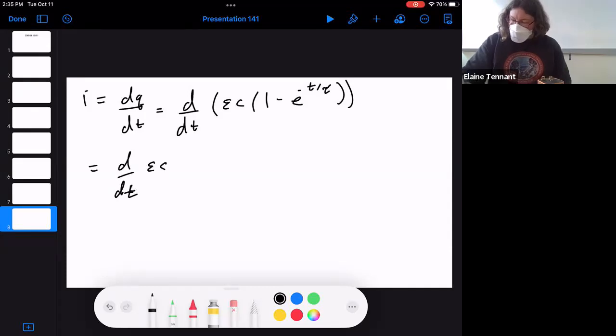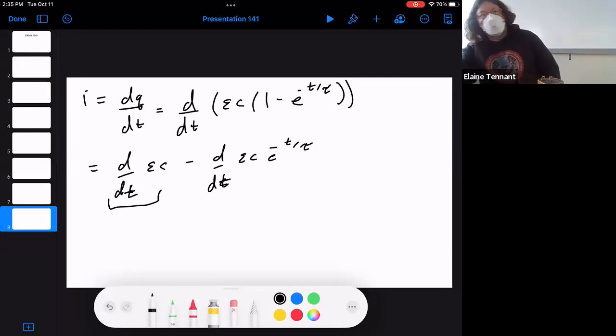We take the derivative of the EC, and then the derivative of EC times e to the negative t over tau. What's this first derivative? That's the battery voltage times the capacitance. It's 0, because they're constants, right?